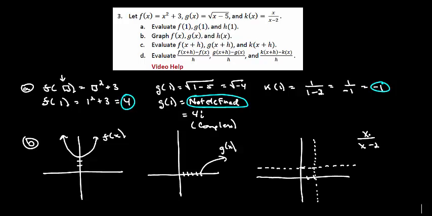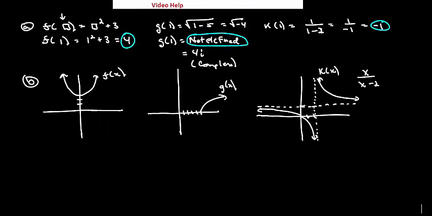If we plug in 0, we get 0 out, which means that it's got to go through the point 0, 0. So it's going to look something like this. And then, of course, it has no other x-intercepts, so it must look like this up top. So this, of course, is our k of x. Let me scroll down a little bit.